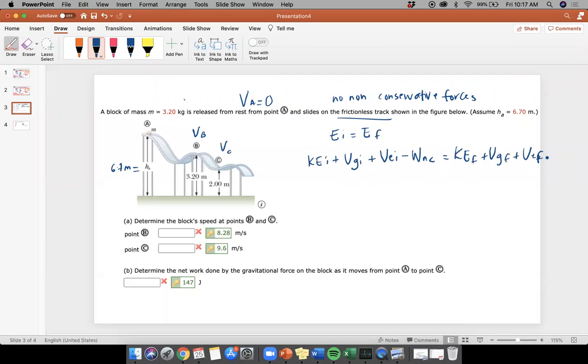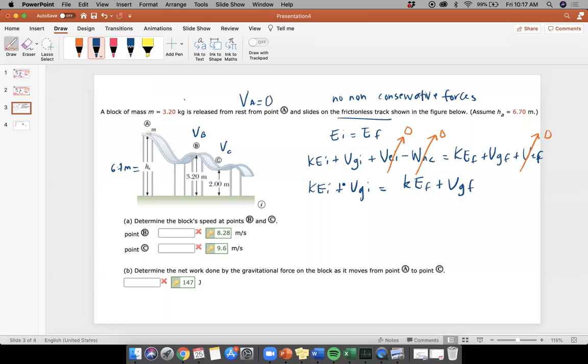This is your basic equation. The energy that's not in this situation is elastic, it's not there, and WNC is also not there. So now you are left with KEI plus UGI equals KEF plus UGF.